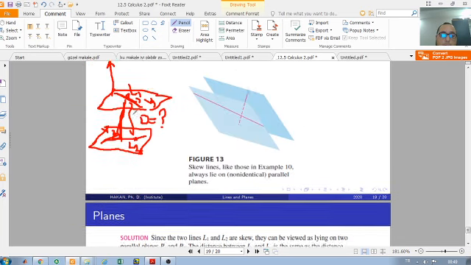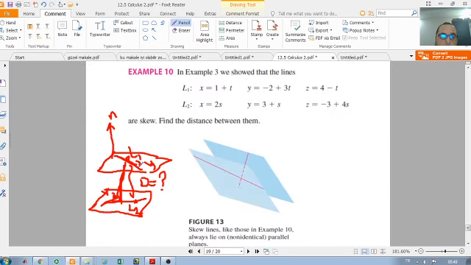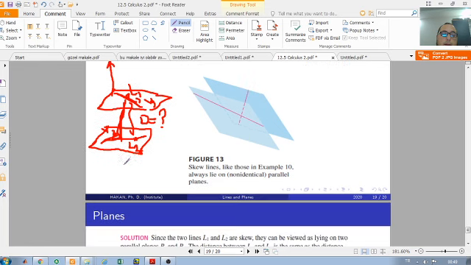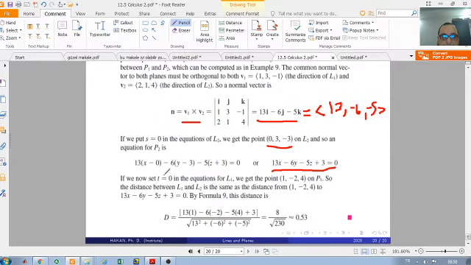Okay, by finding a point in one of the planes and finding the equation of the other plane, we get a distance between skew lines.